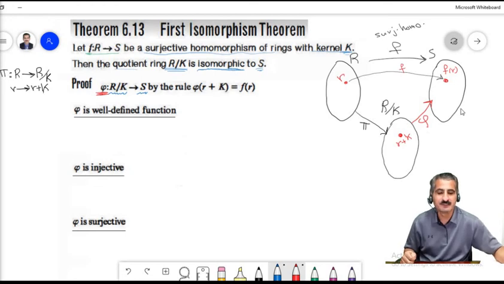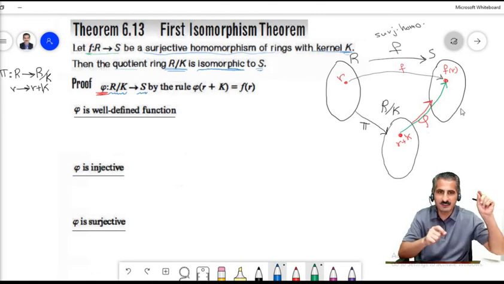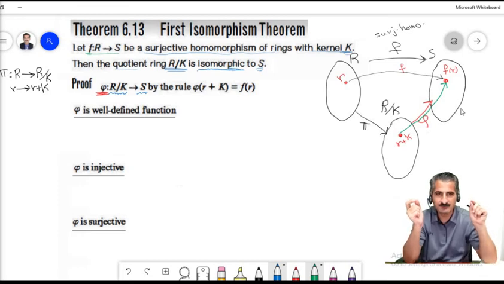Okay. And then this phi will take this coset to this image. Good. So what's happening? Instead of taking small r by f to some place, we split this in two stages. Take the coset of R, and then take the image of that coset to be the image of small r.